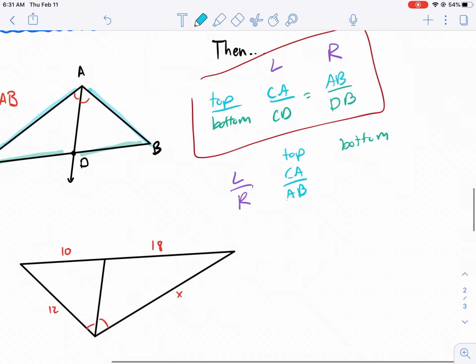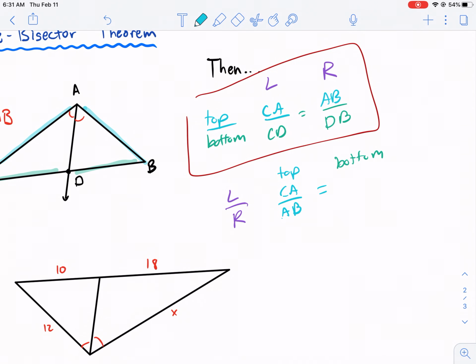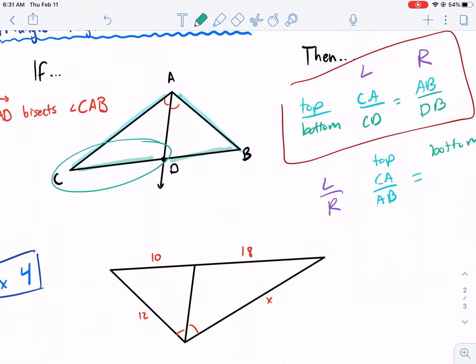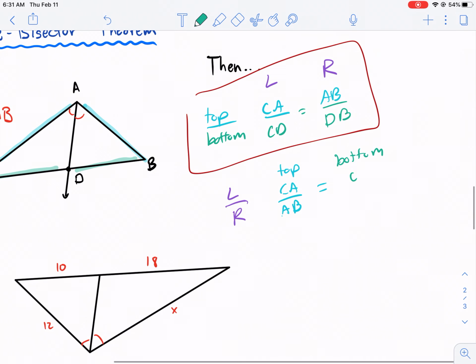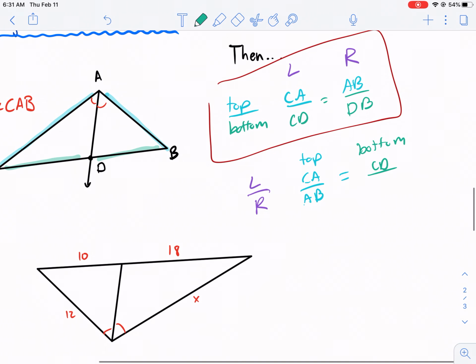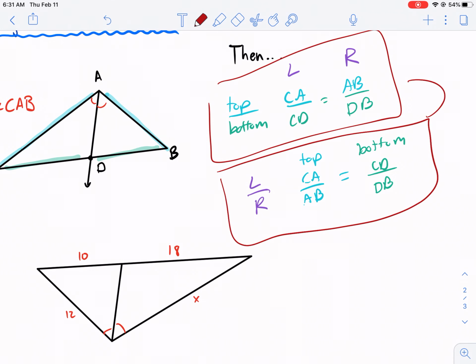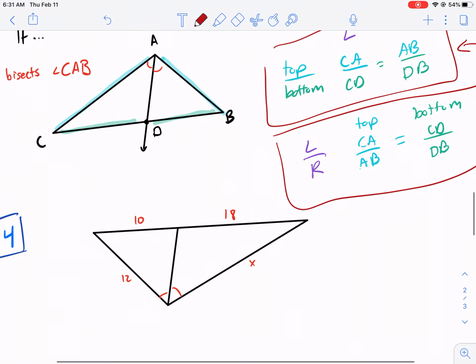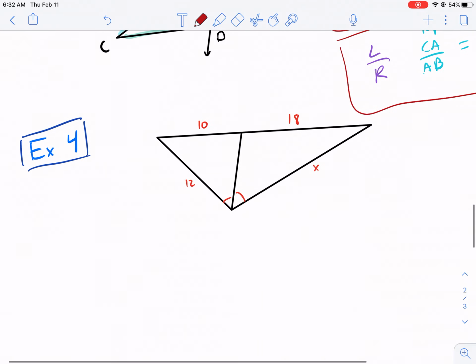And then I can set this equal to the bottom part. The left part of the bottom, the green, is CD, and the right part is DB. This is also true. So both of these are equal. If you cross multiply and solve for a variable, both of these will work. Both are valid, okay? So let's go ahead and apply it here.